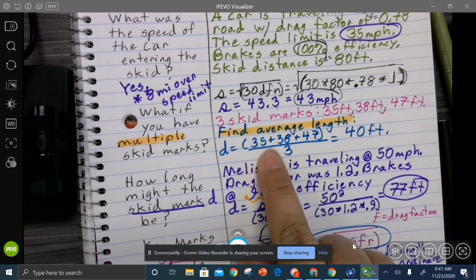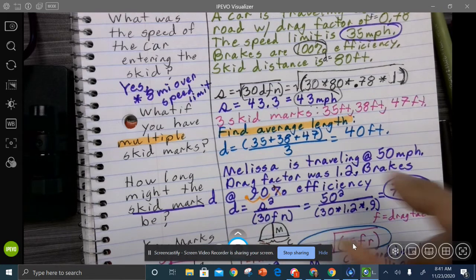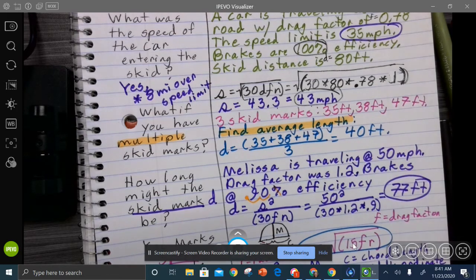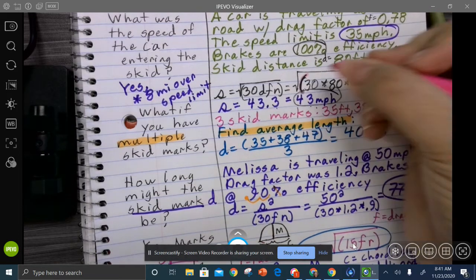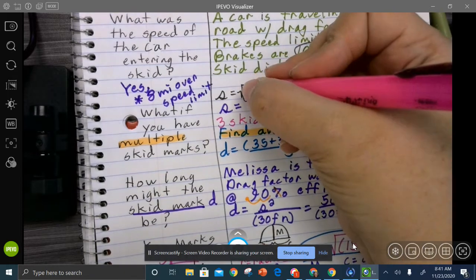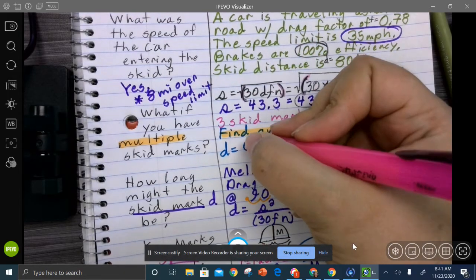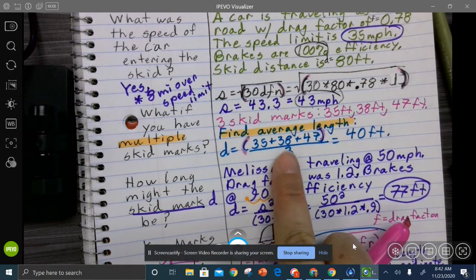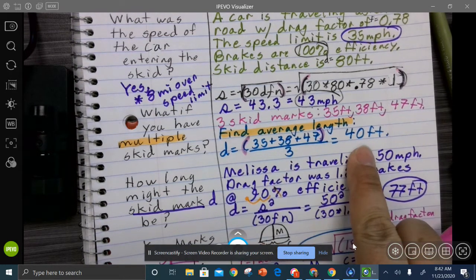We add all 3 of those together. Remember, everybody, you do have to put parentheses around that. I can't emphasize enough, these parentheses, you gotta have them. So we put the parentheses there, we add those together, divide by 3, and we get 40 feet.